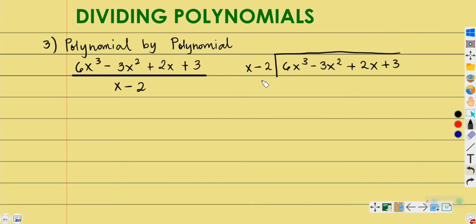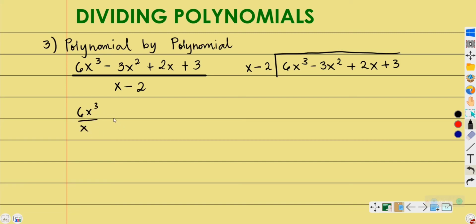Ayan. So, follow nating steps na sinabi. Divide the first term of the dividend, which is 6x cubed, by the first term of the divisor. So, first term to first term na ang pagdi-divide. Okay? 6x cubed divided by x. Sulat natin dito. Ganito po yan. 6x cubed divided by x.